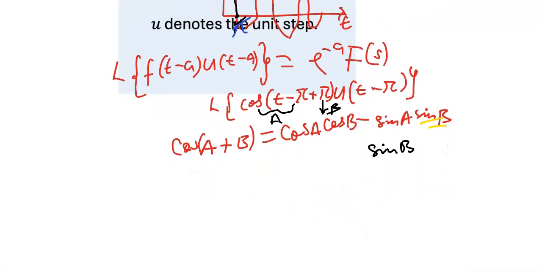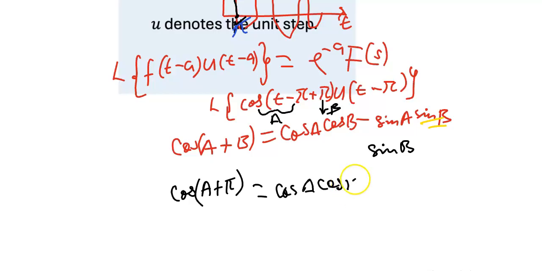So if that is the case, what this means is that we will plug in our cosine of a. Instead of b, I will put pi. So it is cosine of a plus pi. This gives me cosine of a, then cosine of b, which in this case becomes pi. Right?